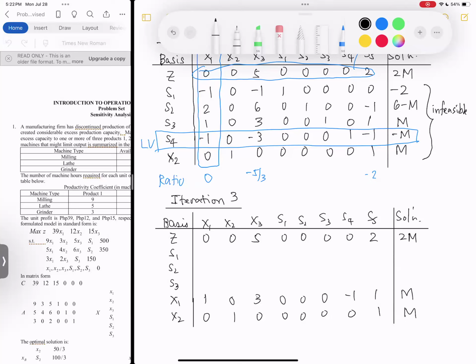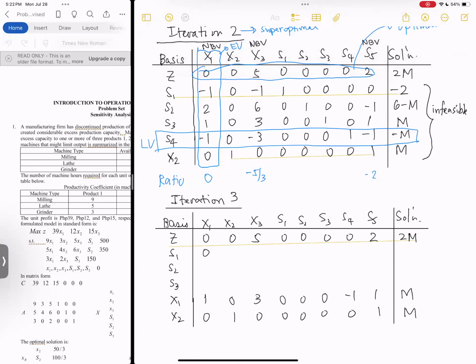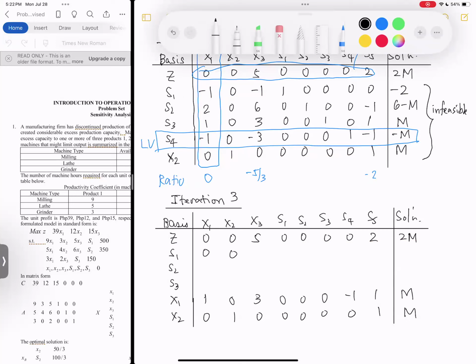So this row, you just add to the S1 row. So 1 minus 1 is 0. 0 plus 0 is 0. 3 minus 1 is 2. 0 plus 1 is 1. 0 plus 0 is 0. 1 minus 1 is 0. 0 plus 0, 0 plus 0 is 0.